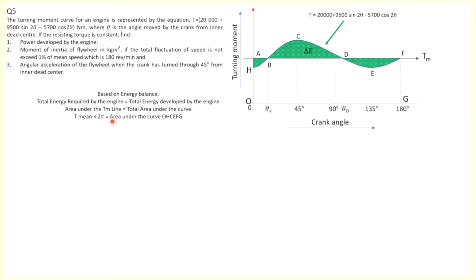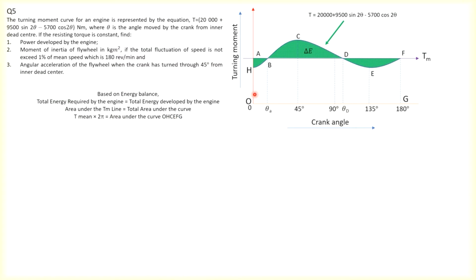Then equate it to the area under the curve, the area OHCDEFG. When you equate both, you will be able to find T mean by dividing the total area under the curve by 2 pi.